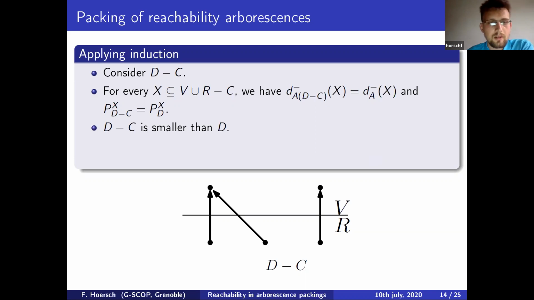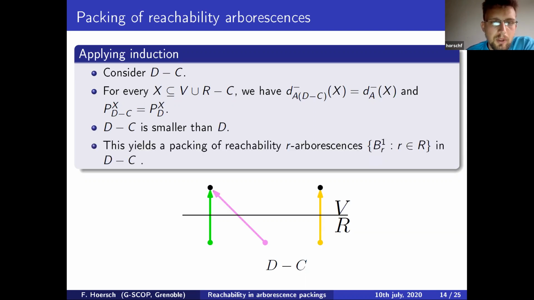Because, of course, D minus C is a smaller graph, I have taken away C. So now I get my reachability arborescences. This is all I want from my induction. I've taken away a strongly connected component, I can apply induction, and I do so.